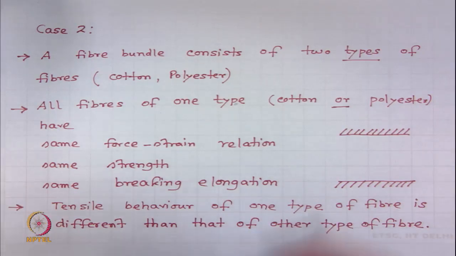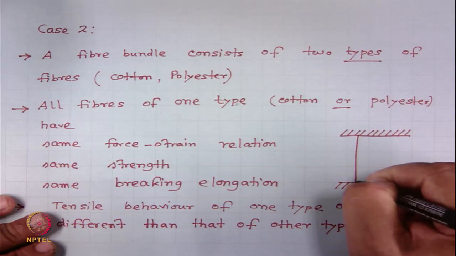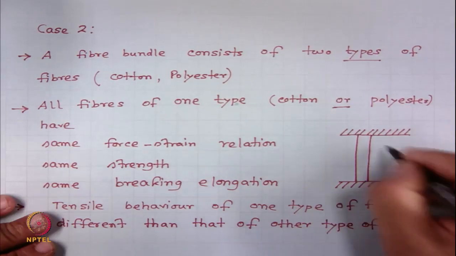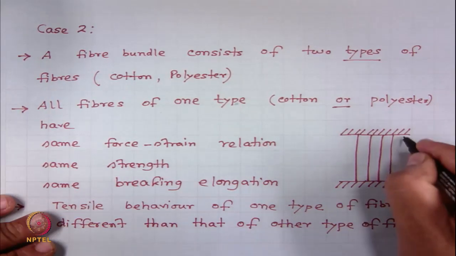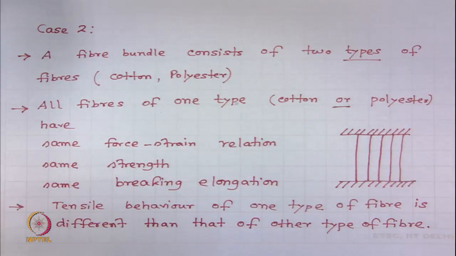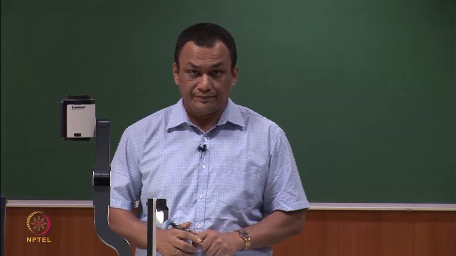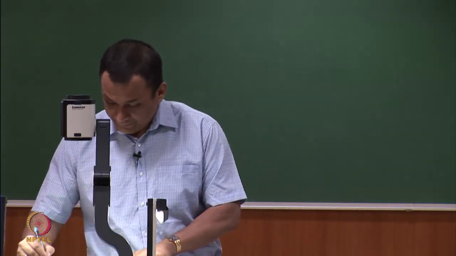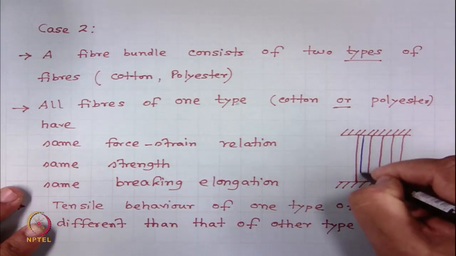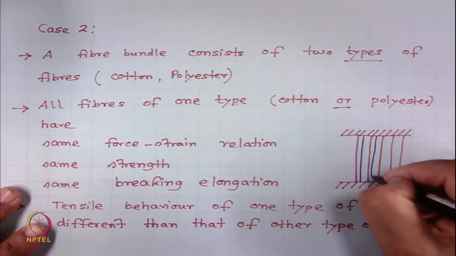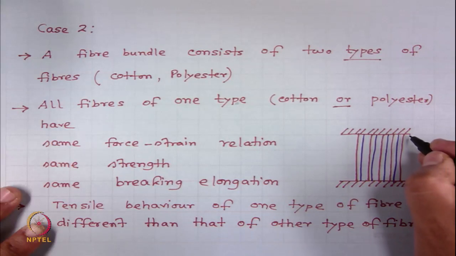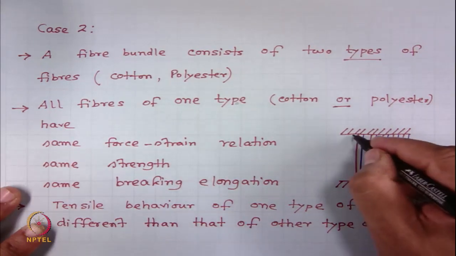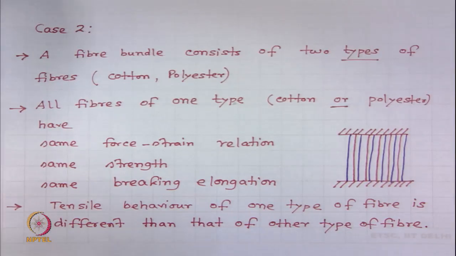Now, if I have one fiber, say red color, all straight parallel to the axis of the bundle, then there will be other type we will indicate by blue color. Such is the bundle.